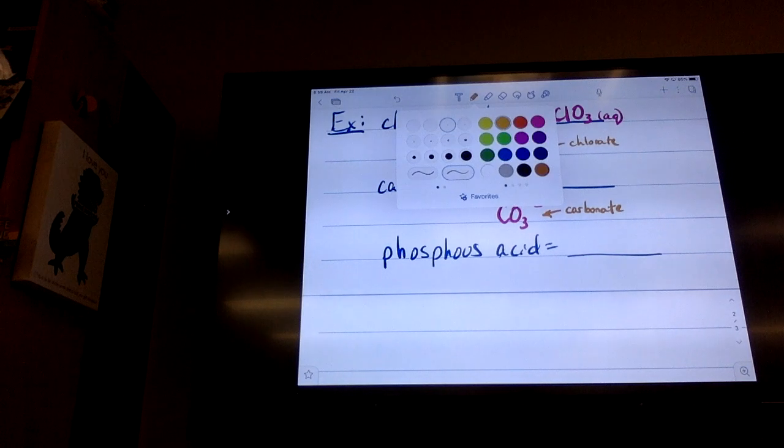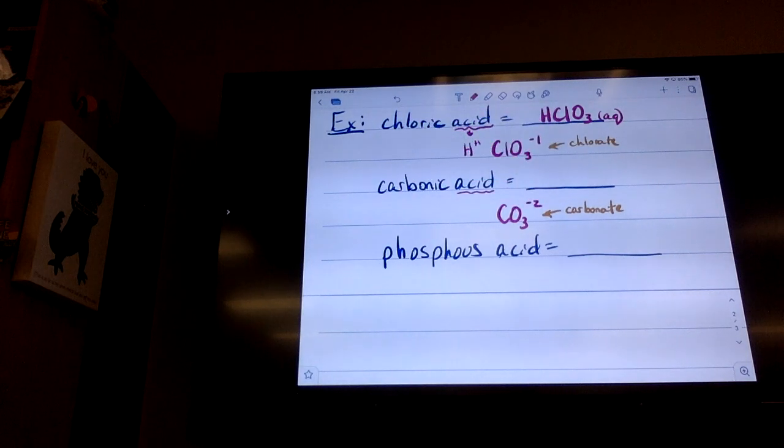And the word acid tells you it starts with H. And so you've got to balance out these charges. So Lauren, what's my final chemical formula going to be? Very good. H2CO3. Very good. And you should put aqueous for completion.